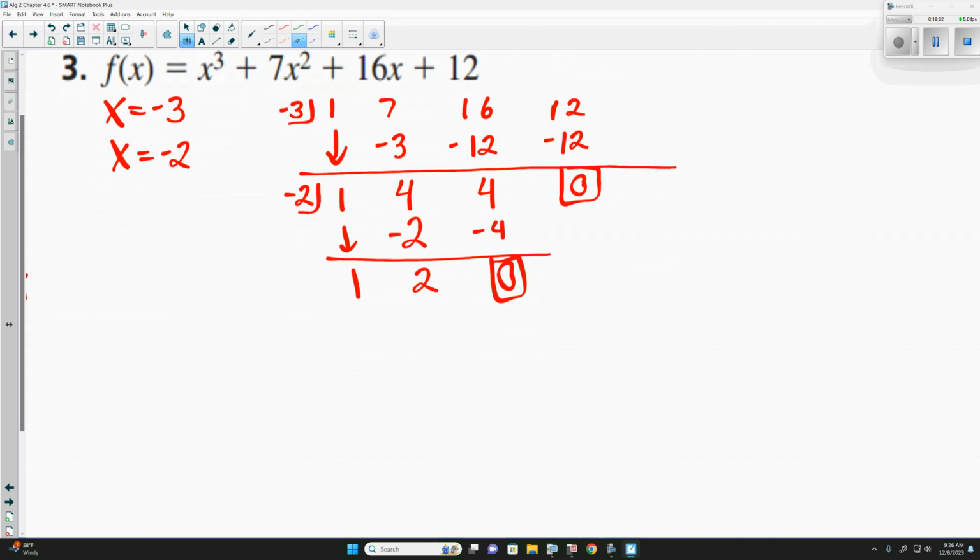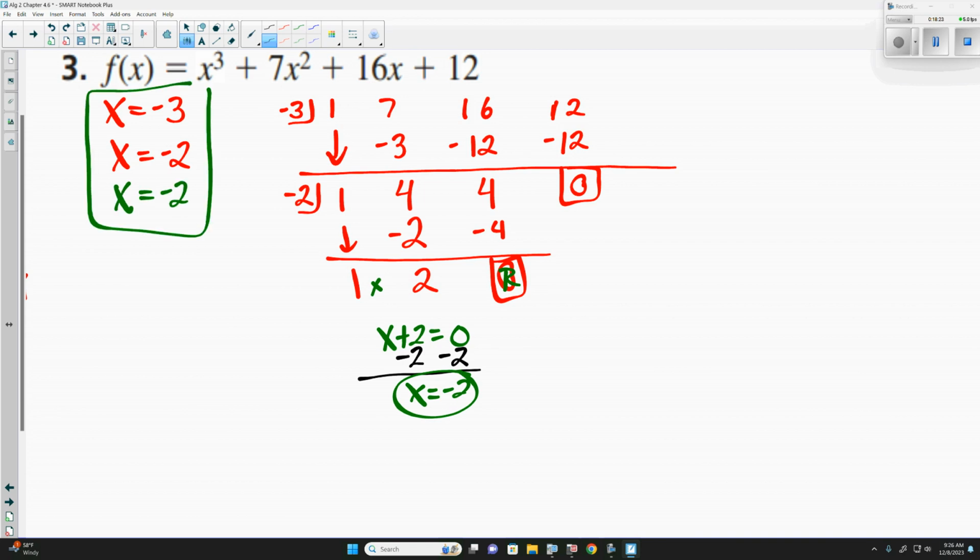At this point here, we can plug the variables back in. The remaining 2 is our term without x. So this is telling us that x plus 2 is 0. Solve for the value of x. So it technically did give us all 3. It was just kind of hard to see that -2 was repeated.